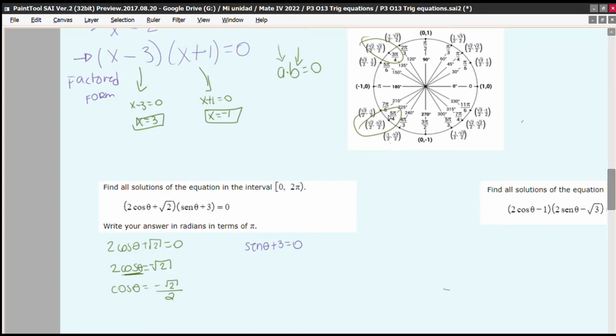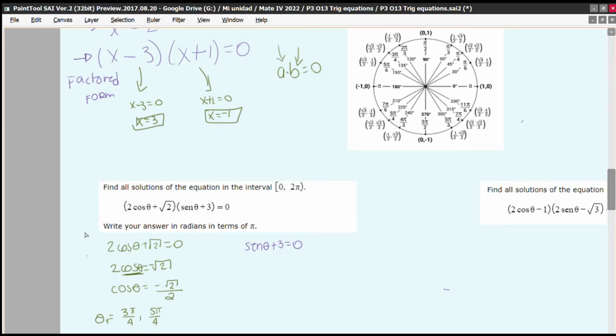Those are the two angles in this quadrant and in this quadrant that have a reference angle of pi fourths. So my solution for this equation is these two angles. The angle 3 pi fourths. So my first solution is 3 pi fourths and 5 pi fourths, okay? So those are my two possible solutions for this expression.